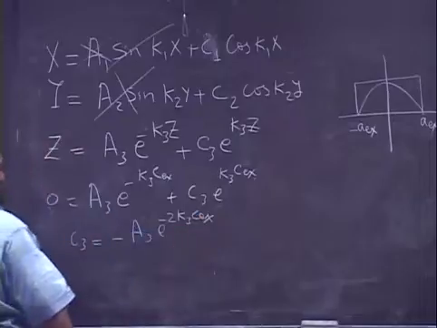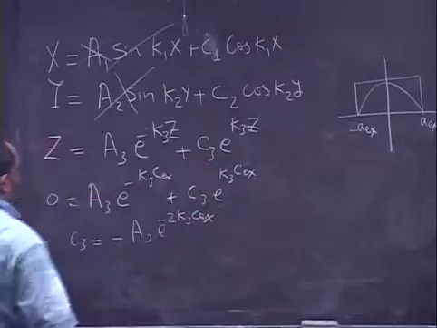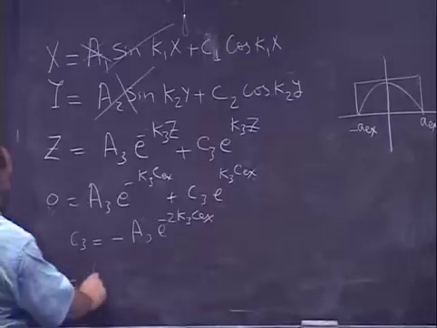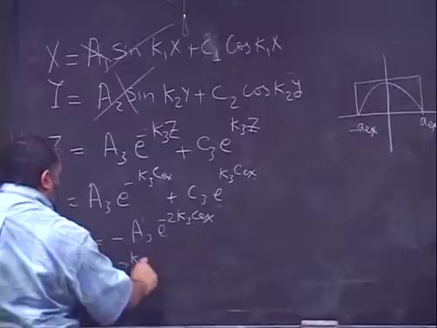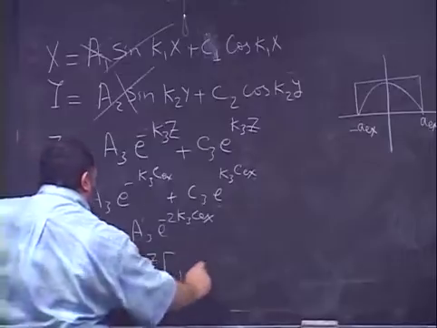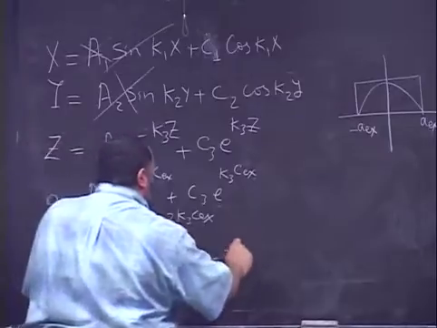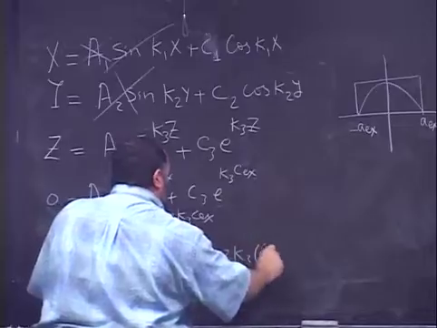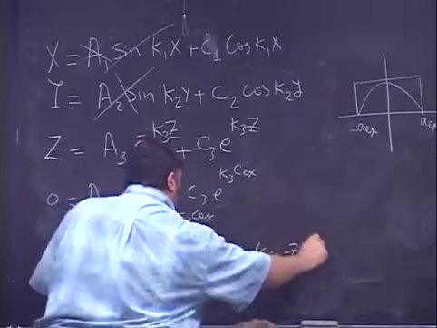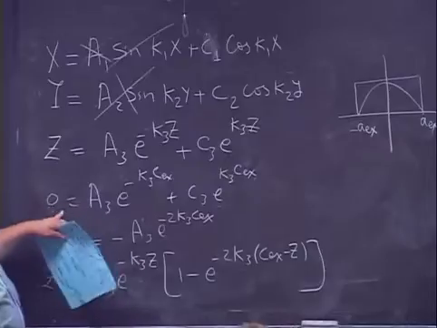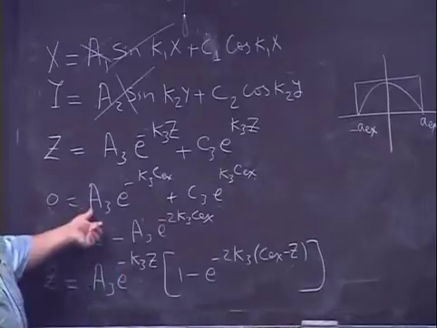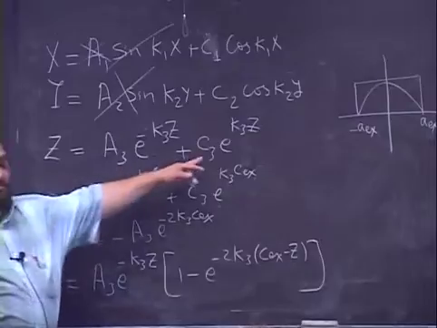You will substitute this here for c3. This will give you Z equal to a3 e to the power of minus k3 z multiplied by 1 minus e to the power of minus 2 k3 (c extrapolated minus z). Do you agree? I got c3 as a function of a3 and substituted it back.